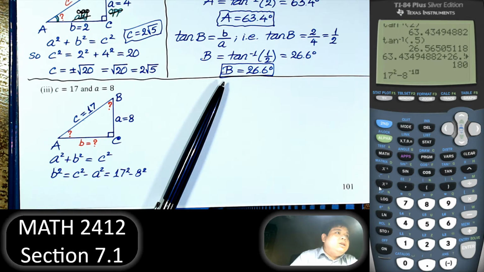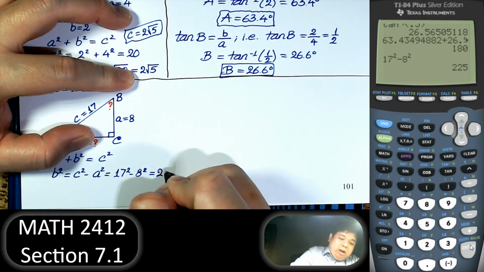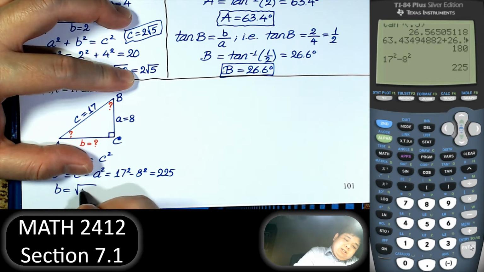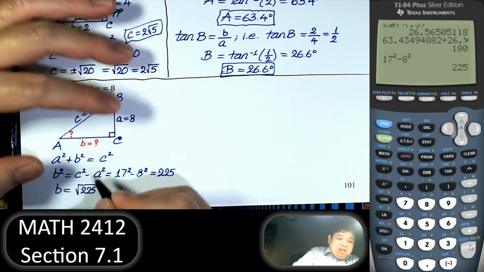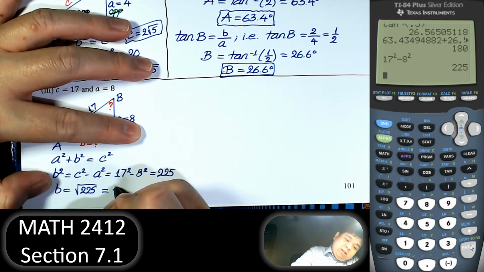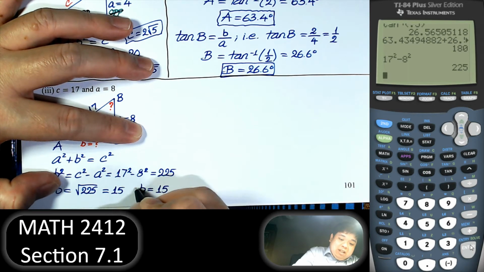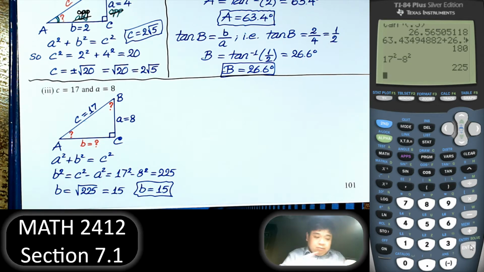Yeah, 225, which is 15 square. So b is square root of that. Plus or minus, but we only take positive because in a triangle it must be positive. So b equal to 15. So this problem we have exact values.